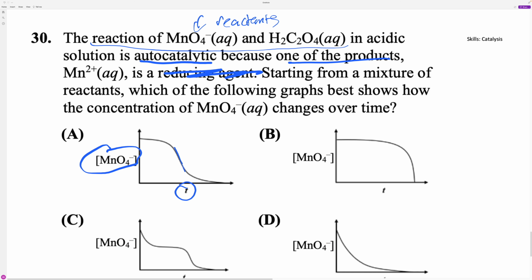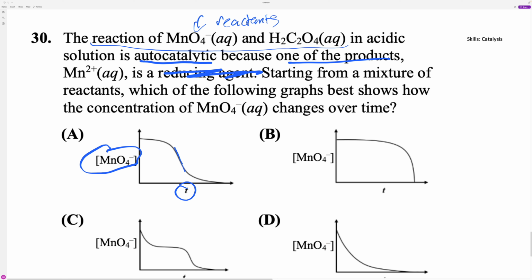So in the initial phases, the product isn't going to be formed that quickly. So the reaction is also going to go pretty slowly because that product is not catalyzing the reaction yet. Then the reaction is going to go quicker as the product is formed more. And finally, the reaction will slow as the reactants are consumed.